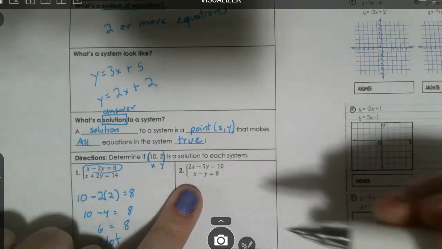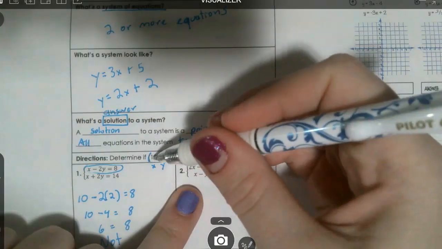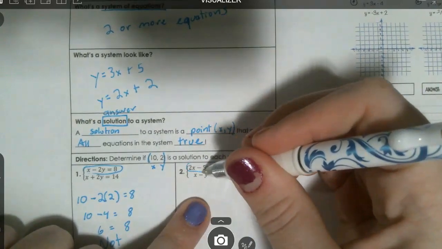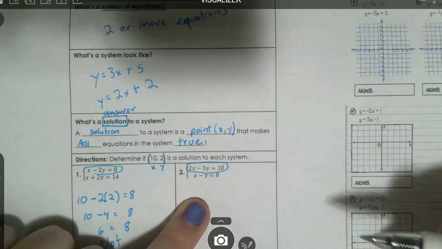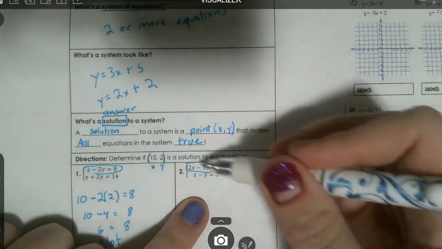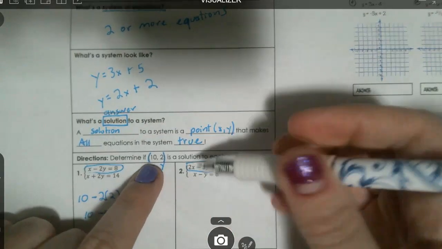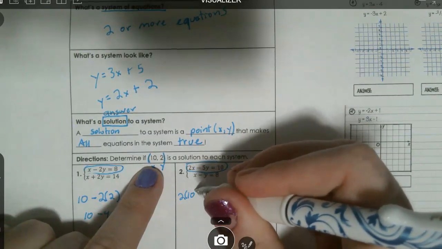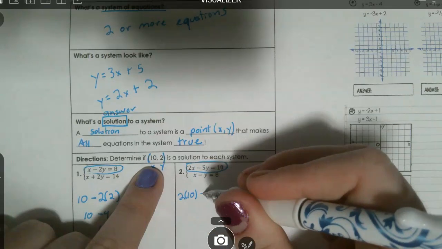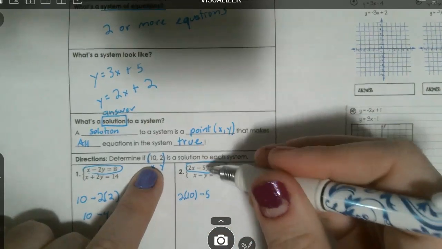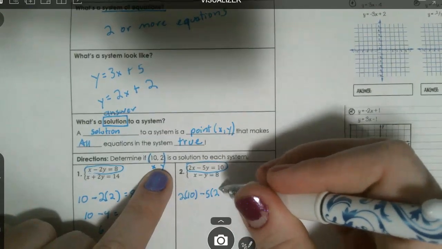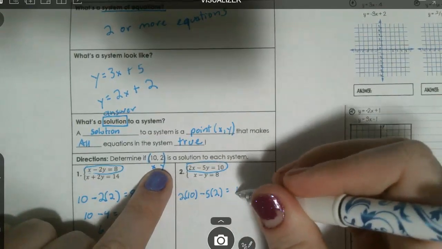We're going to do the same process. I'm going to substitute the x and the y value into this first equation and see if it's true. Every time there's an x, I'm going to put a 10 there. So 2 times 10 minus 5, and now instead of y, I'm going to put the y value, which is 2, equals 10.